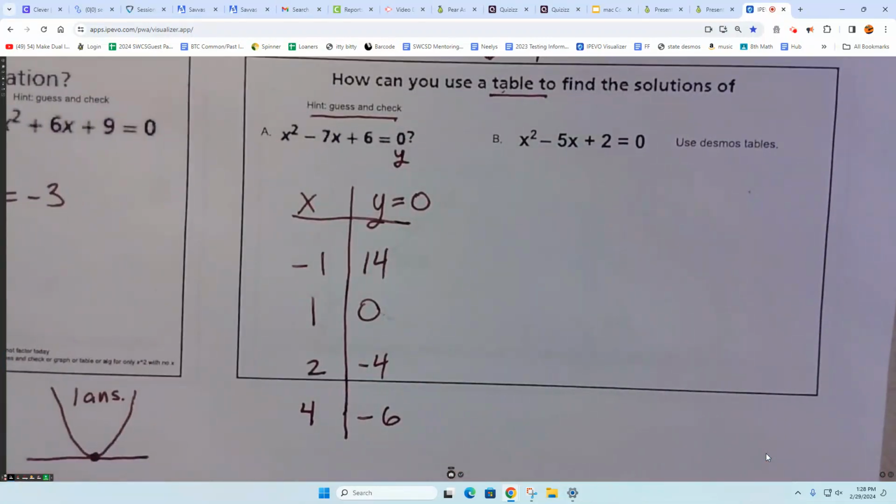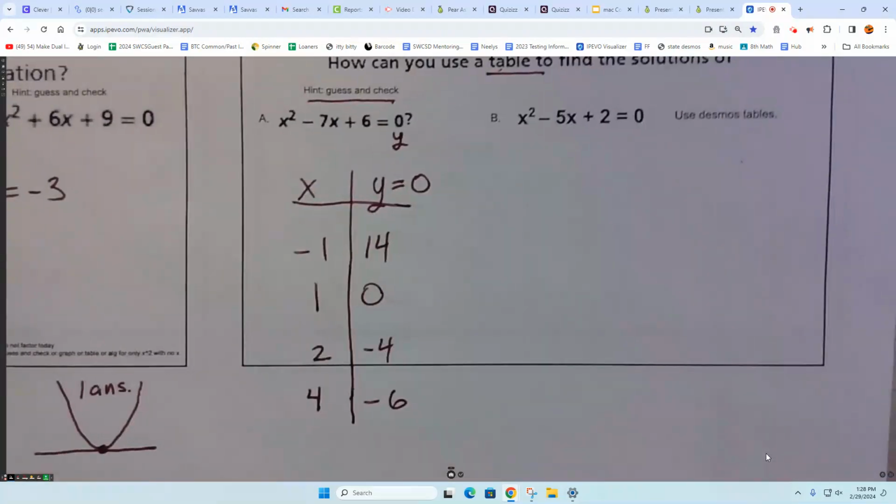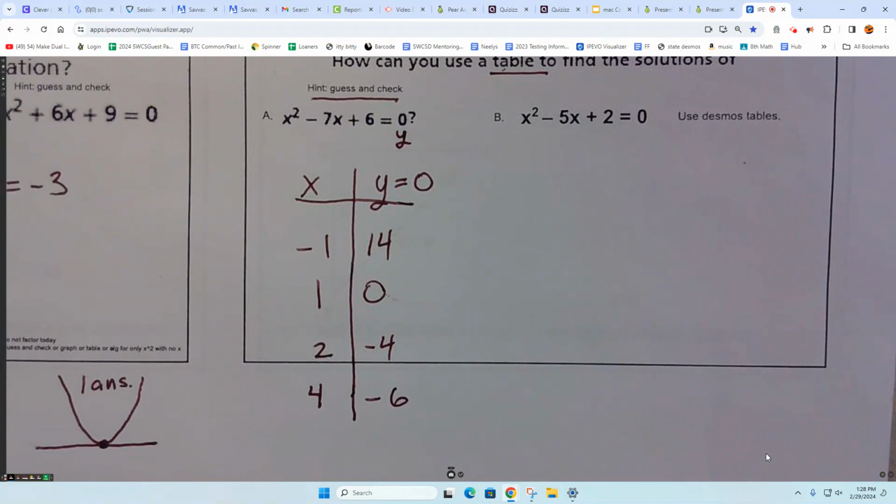Let me ask you this. In terms of the graph, if we want to think about this over here, which way is this graph going? Down. The U is up, right?